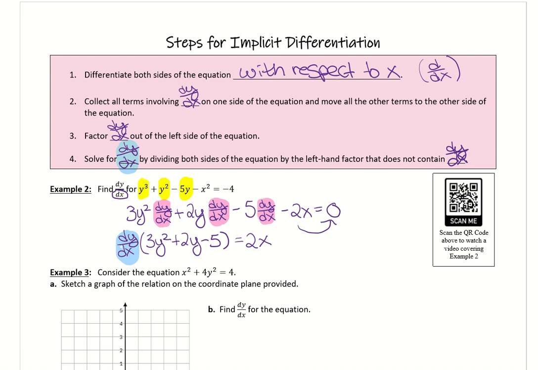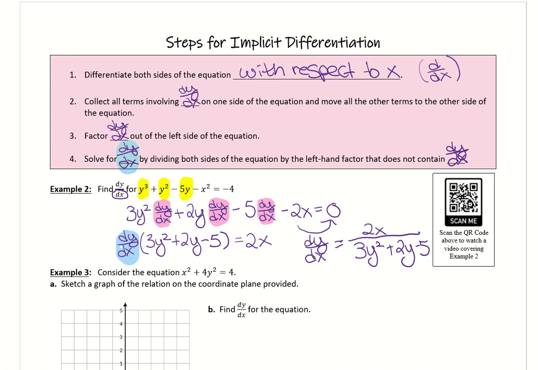So our final answer is going to be dy dx equals 2x on top over 3y squared plus 2y minus 5. And we did it. We found the derivative. What's different here is when you found the derivative in the past, it always just had an x in it. Now it's got an x and a y in it, and that's okay. It's still the derivative, and we'll work on using it in just a little bit.